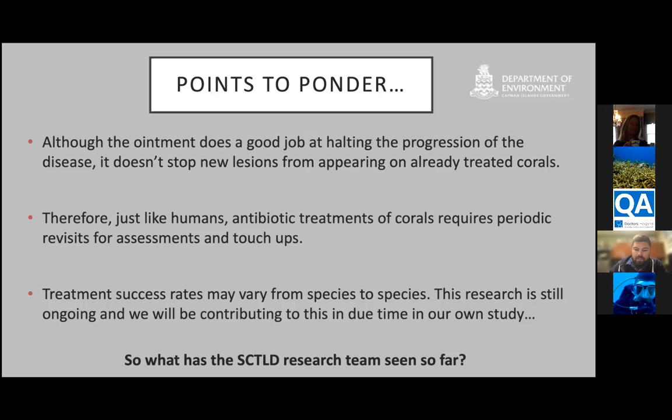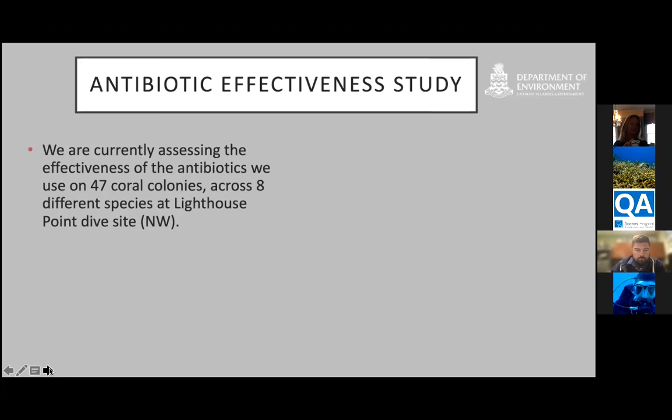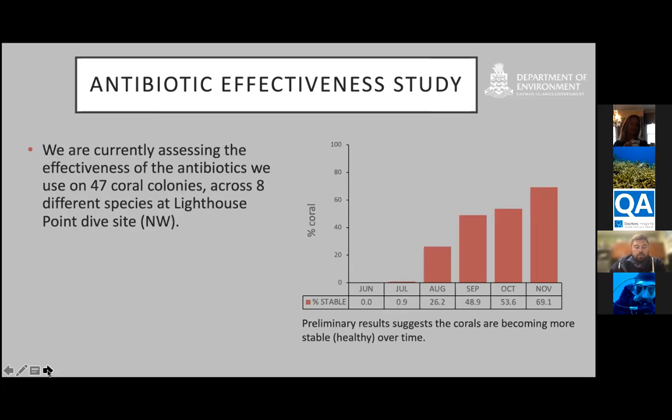So what have we seen so far? Right now, during our project, we are involved in a study where we've tagged 47 different coral colonies from 8 different species at Lighthouse Point dive site, which is where Dive Tech is based.